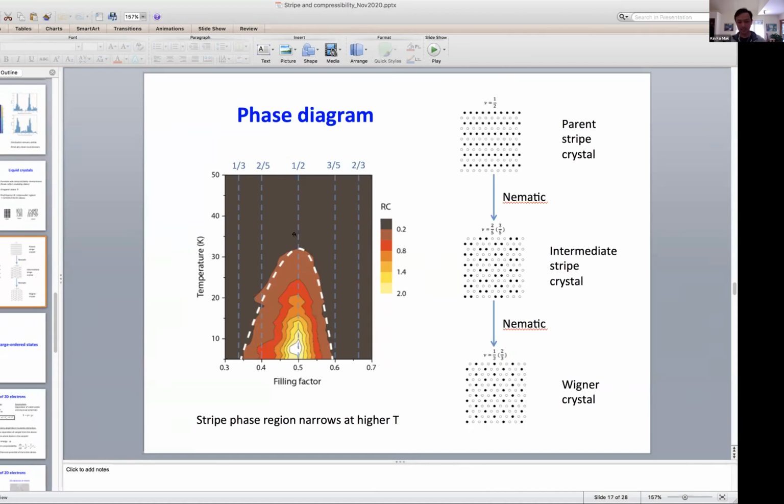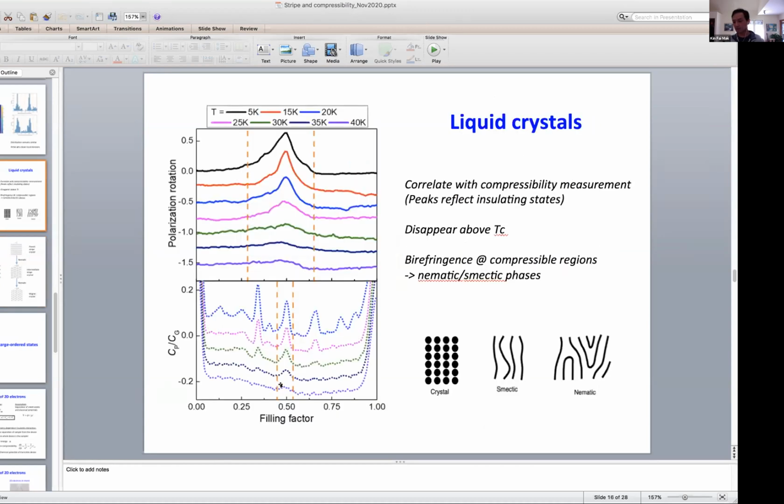Oh, you mean whether there could be some extra nematic phase? Yeah. But we do not have enough sensitivity to detect that. This is a relatively rough phase diagram, and we don't have enough sensitivity to combine with the compressibility measurement to say whether it's still incompressible or compressible, and still see a remnant rotation signal.